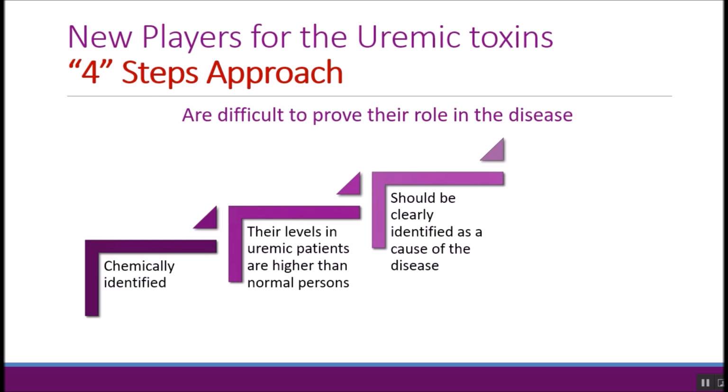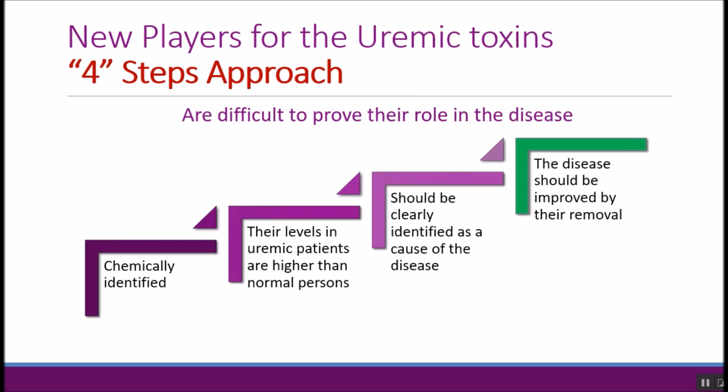This uremic toxin should be clearly identified as a cause of the disease, and the disease should be improved by their removal. So, with many hundreds of uremic solutes retained in the blood, you cannot approve that each can cause the disease, because you need the 4-step approach to define a uremic toxin.